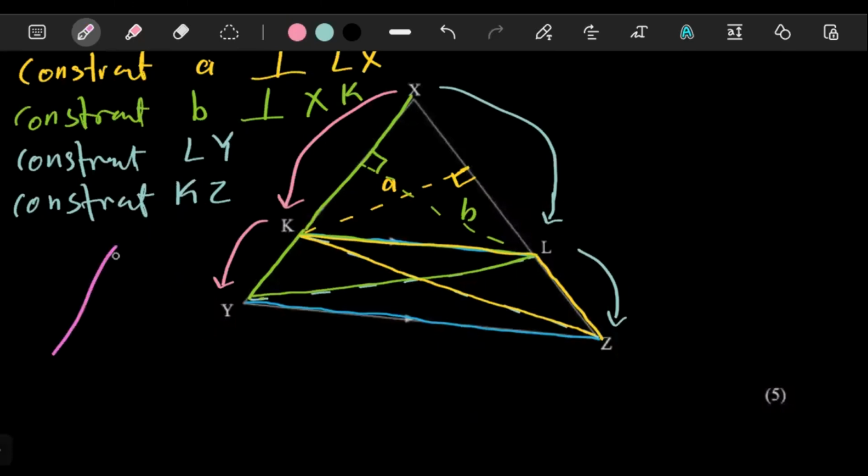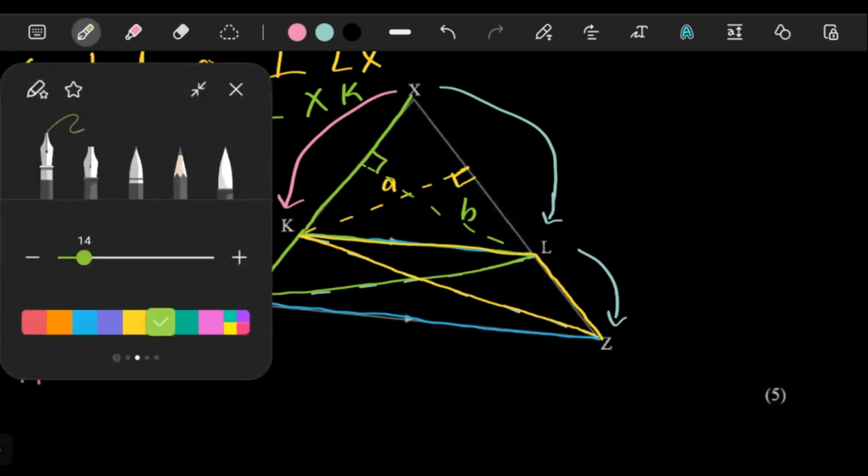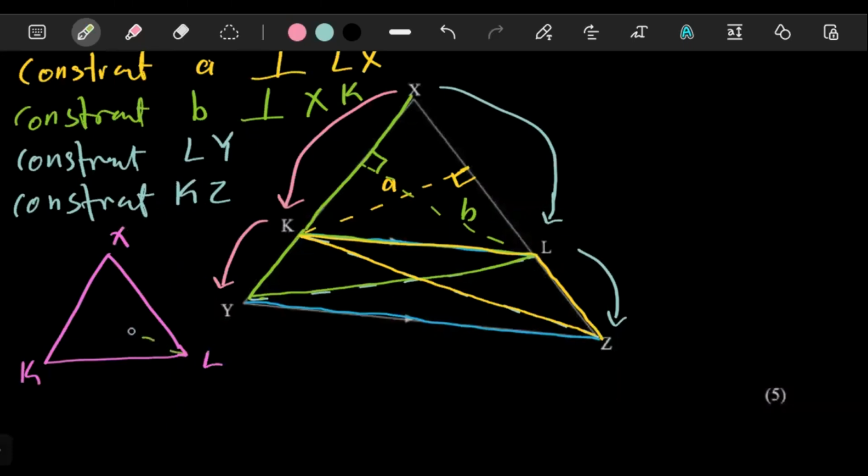So you have this tiny triangle at the top here, right? This small triangle at the top is X, K, and L. Now, with the green dotted line, which is B, you are looking at this as your perpendicular height, and you're looking at LX as the base.